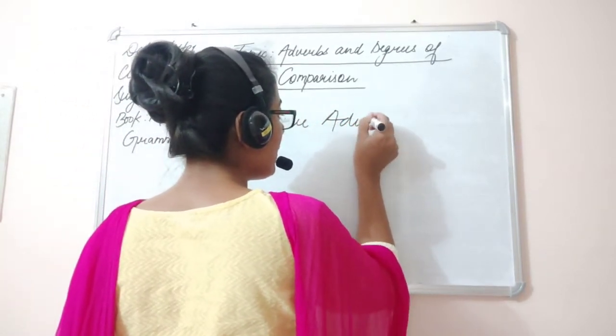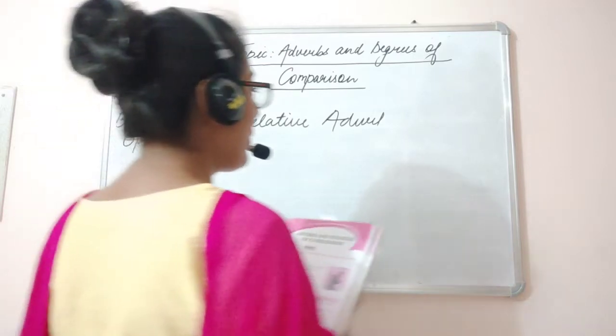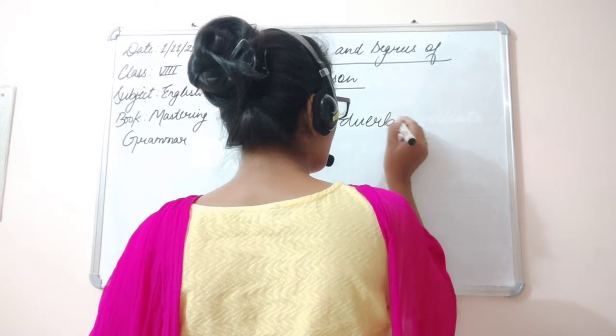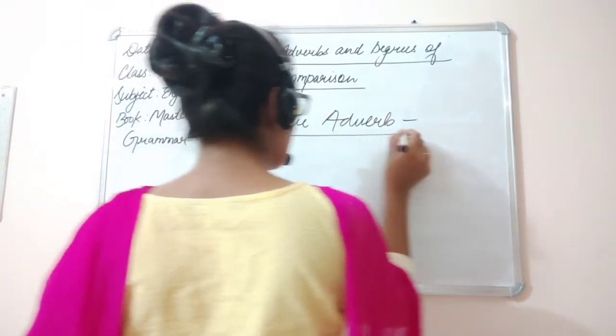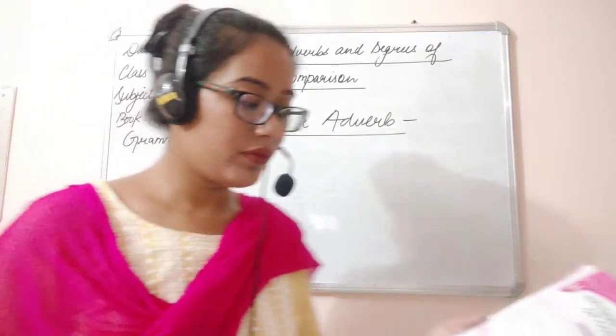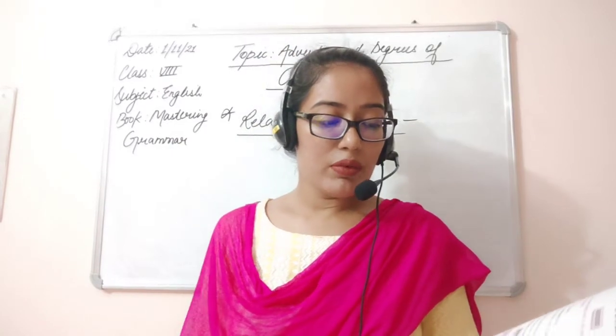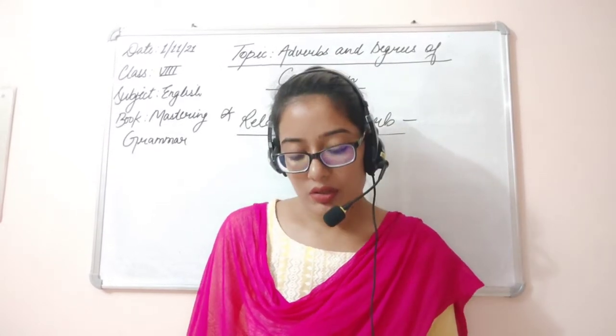Relative adverbs, they refer to the thing or person that the pronouns refer to. Okay, what is a relative adverb? They refer to the thing or person that the pronouns refer to, and you get the answer from when, why, and where.